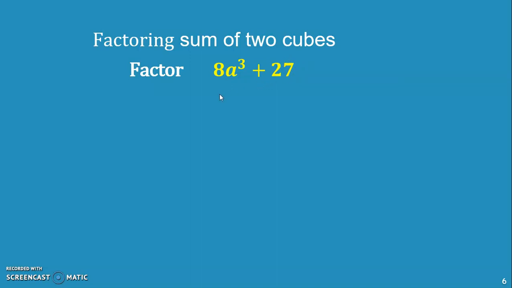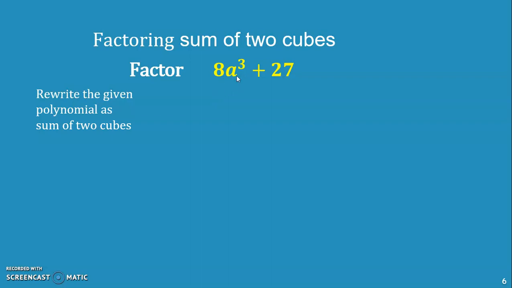So, first step natin, rewrite the given polynomial as the sum of two cubes. So, sum. So, ano sila? Plus sign natin. So, first, i-rewrite natin. First term is the 8a cubed.